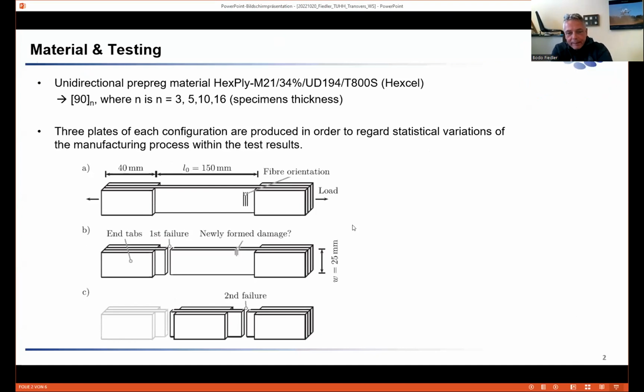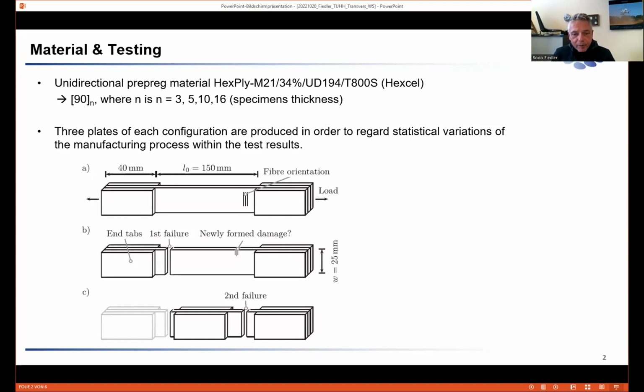Our idea: the material is a high performance carbon fiber composite material, as you see here on top. And we vary the thickness of the specimens, so layers of prepreg.